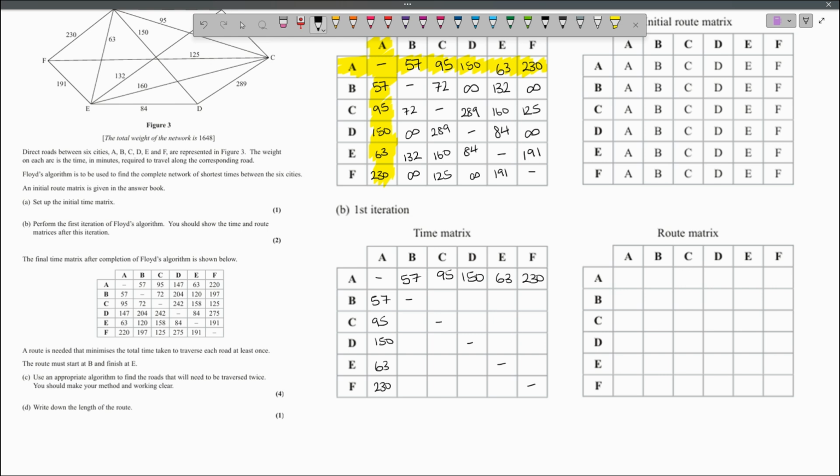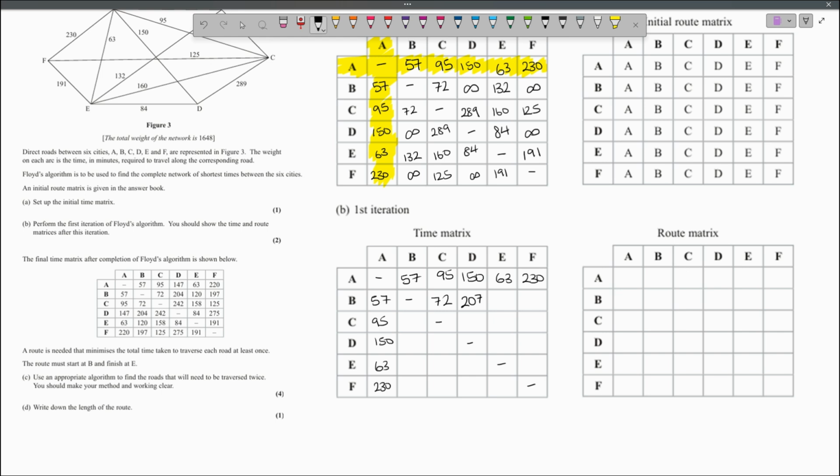And now I can start to consider whether there's any routes via A that make the route from one vertex to another smaller. 72 is smaller than 95, so that's not going to change. Infinity, we will need to update. So to go from B to D, I'm instead going to go from B to A, and then from A to D. And that's going to give me a total distance of 57 plus 150, which is 207.